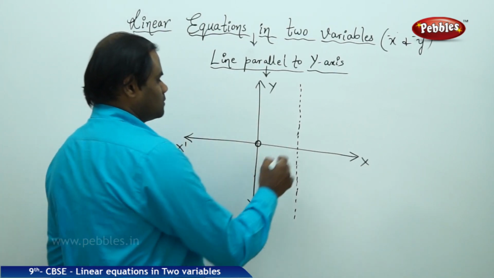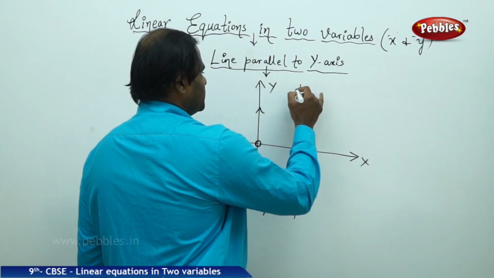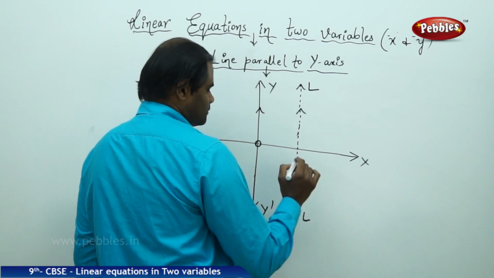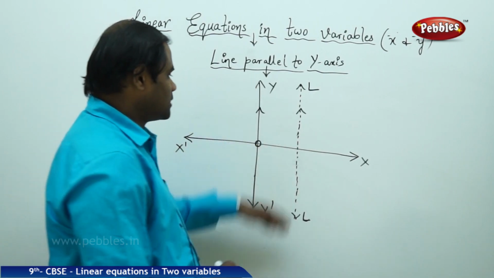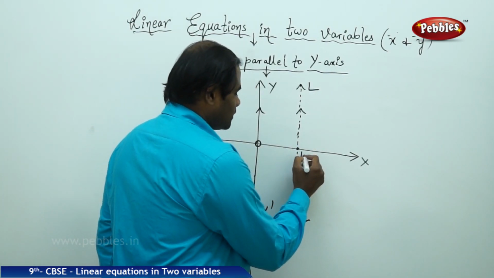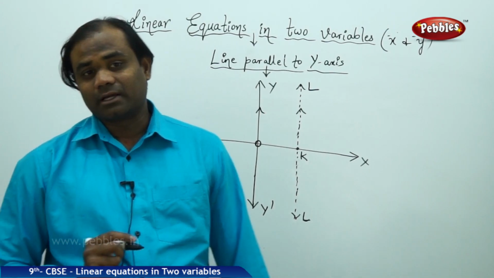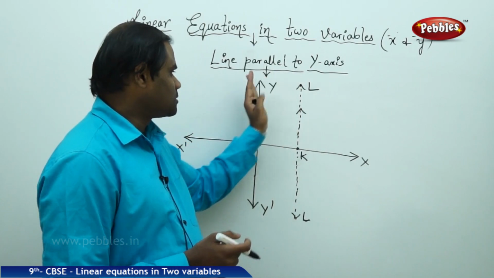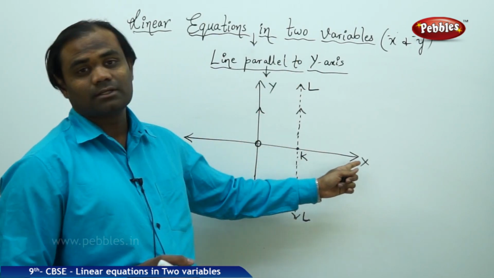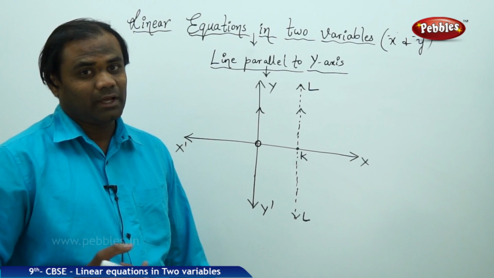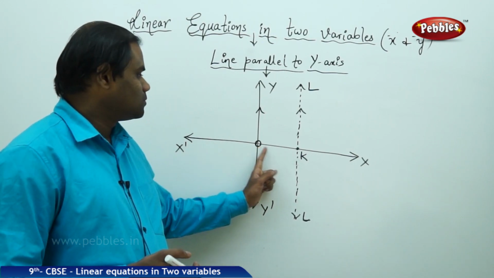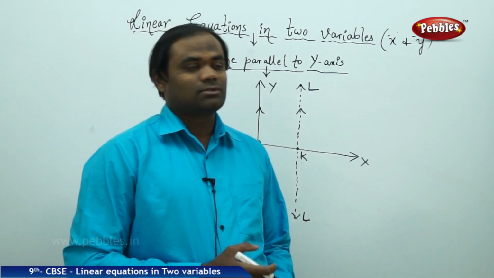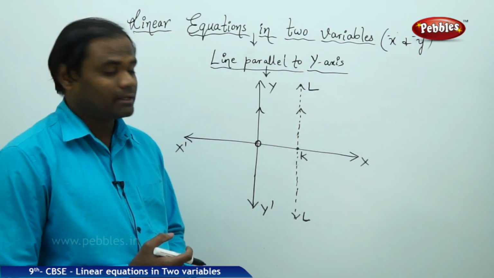Now let's see what will be the equation of this line L. Imagine this line cuts x-axis at k, just like the line cutting y-axis at k when it is parallel to x-axis. Similarly, if the line is parallel to y-axis, it must cut x-axis, but it never cuts y-axis. So it cuts x-axis at say k.